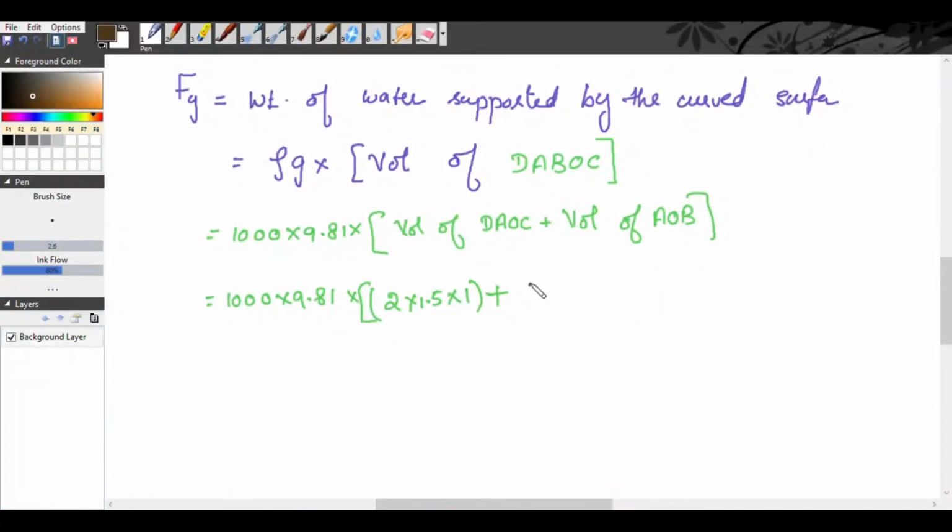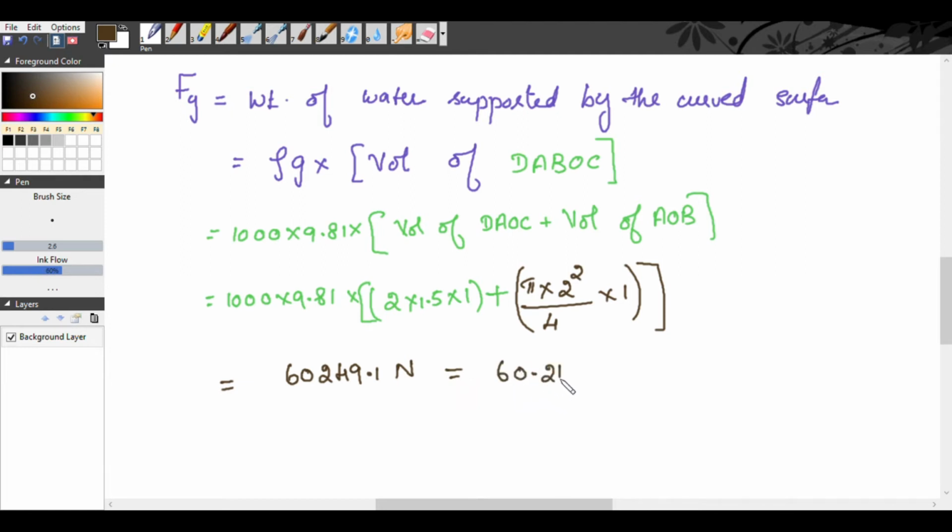Here the radius is 2, so pi into 2 square, it is a quadrant of a circle, divided by 4, multiplied by the thickness, which is 1. So we get the vertical force Fy equal to 60249.1 Newton, that is equal to 60.249 kilonewton.